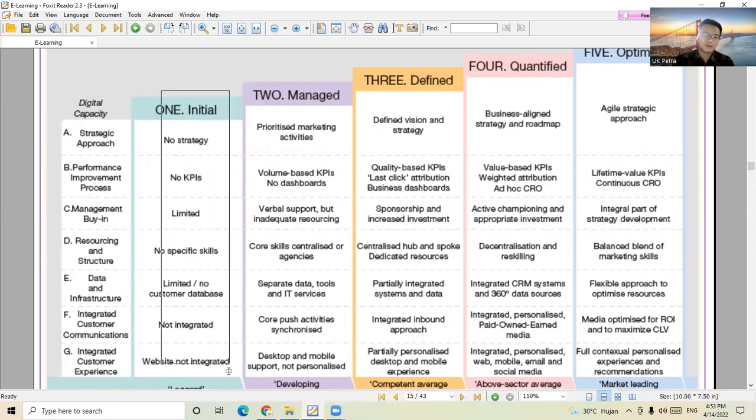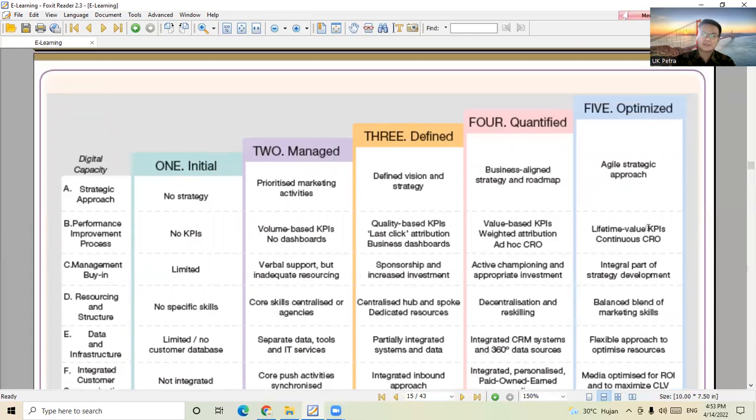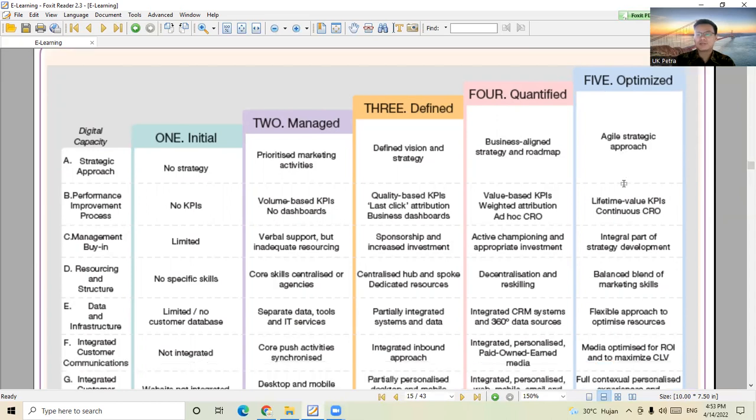This is level 1, and it moves to level 2, which is better than level 1, until level 5. Level 5 is the highest one. The strategic approach is agile. Agile means the companies can be very flexible in terms of their strategy. If there are changes, they can easily change their strategy.